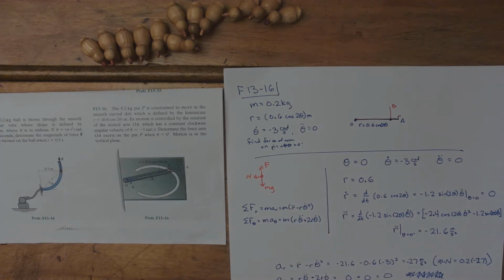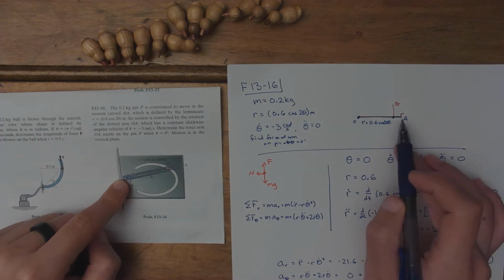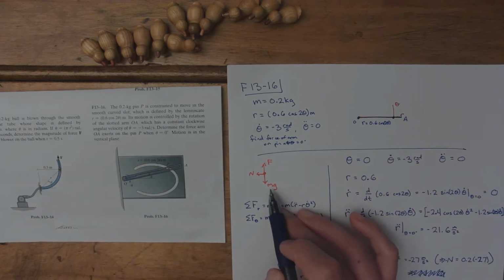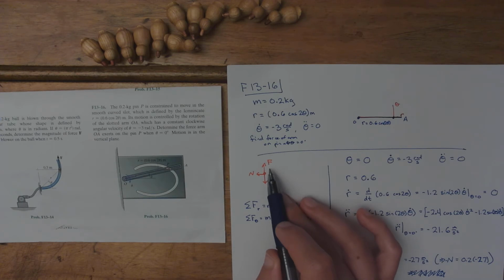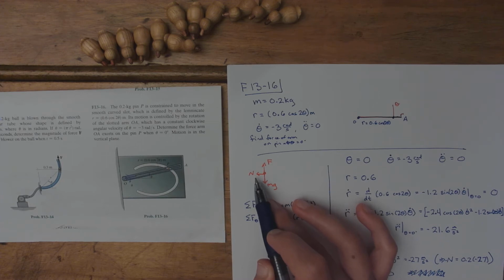So we want to determine the radial direction and the transverse direction. We have the origin here, so the radial direction when the angle is equal to 0 is just pointing straight outward like this, and the transverse direction is perpendicular to that. We have, as we said, a force of gravity acting downwards, the force of the arm acting upwards, and the normal force that the smooth curved slot exerts on the pin.